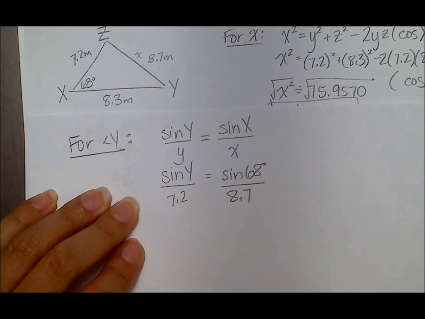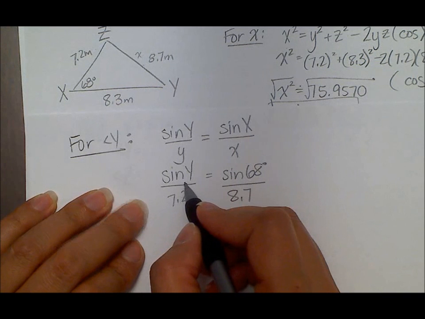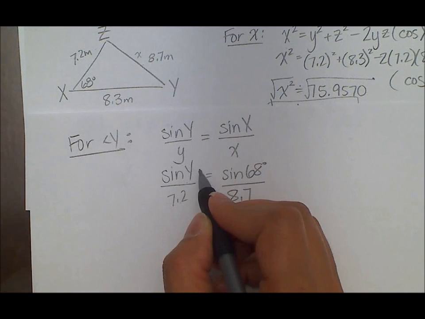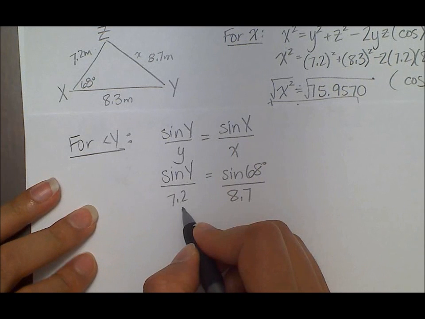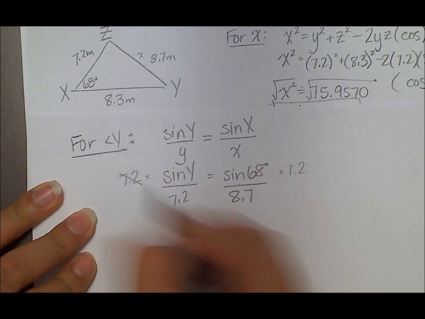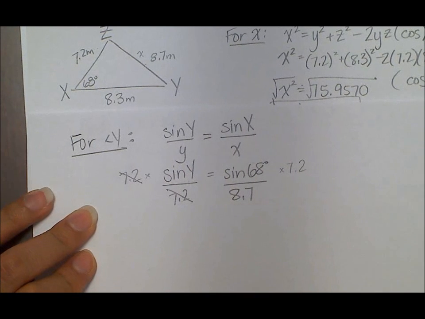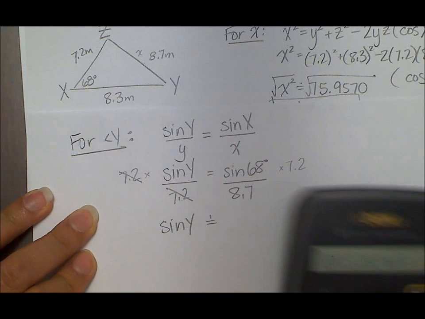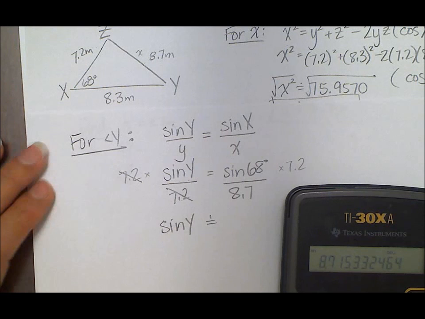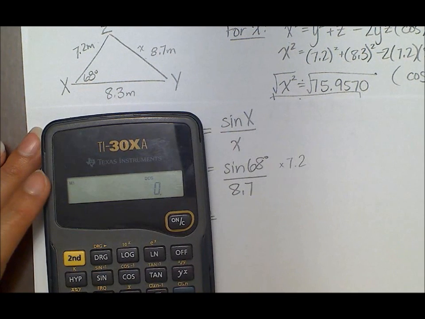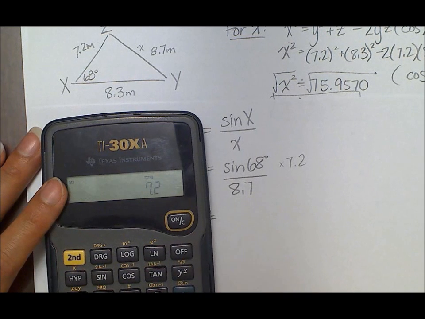And then, again, I'm going to try to solve for sine y. The easiest thing to actually do, because y is already in the numerator, is to just multiply both sides by 7.2. And what that'll do is cancel out the 7.2 on the left-hand side, and I get sine y is approximately equal to, and if you notice on the right-hand side, those are all numbers that you can actually just evaluate. So I'm going to look at the sine of 68 degrees, multiplied by 7.2, and then divide by 8.7.